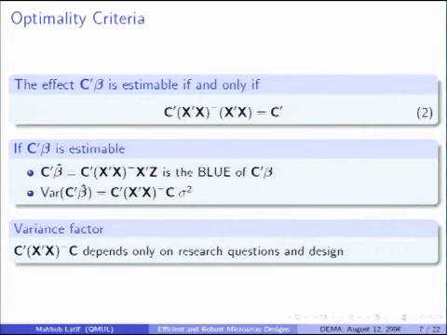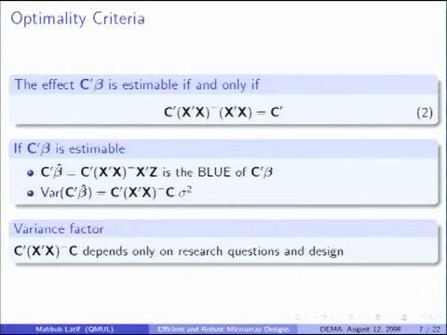Estimability of a function is defined in a way like, if there exists any linear combination of the response which can be used to estimate the effect of interest without any bias, then that effect of interest is estimable.